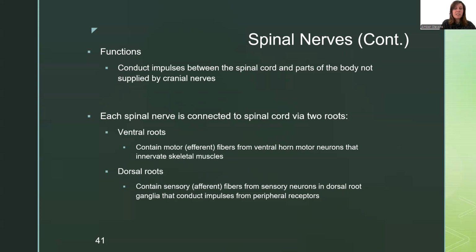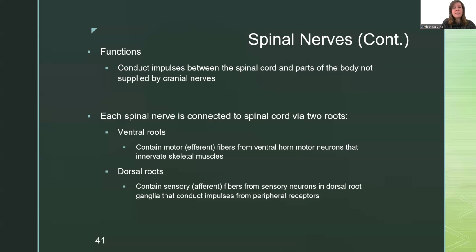And the close relationship between the source of the spinal cord and each spinal nerve and part of body allows doctors to identify the site of the spinal cord or nerve damage by using pinpricks. So they'll prick different parts of the skin to determine which spinal cord they need to look at.